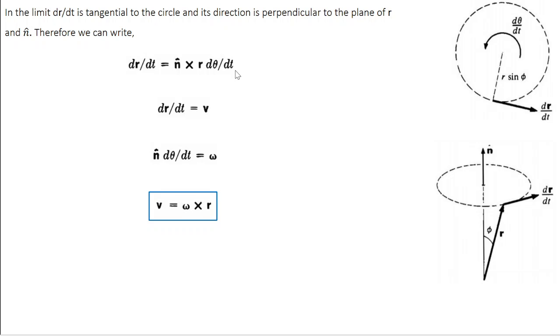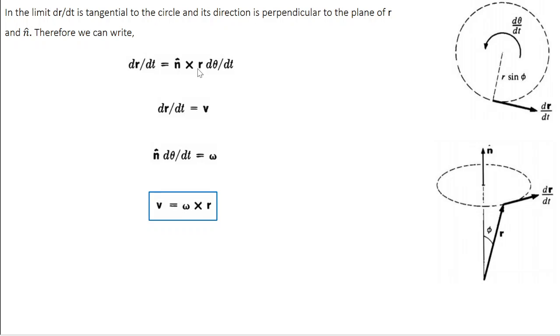Let's check whether this equation is correct. First, look at the direction. Since this is a cross product, dr by dt should be perpendicular to n cap and r, which is right. And look at the magnitude. How do you take the magnitude of a cross product? Magnitude of the first vector times magnitude of the second vector times the sine of the angle between them. n cap is a unit vector, its magnitude is 1.